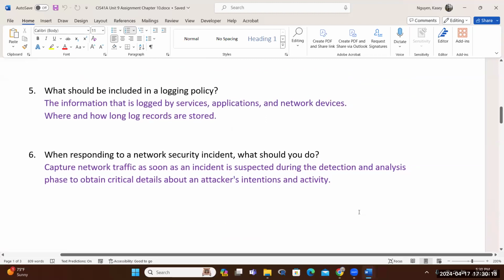Okay, so for 6, it asks you, when responding to a network security incident, what should you do? Whenever it's network related, network capture is a must. So that means that your network would be constantly being monitored, right? Being recorded, like putting a camera on your network and evaluating the packets being passed by.